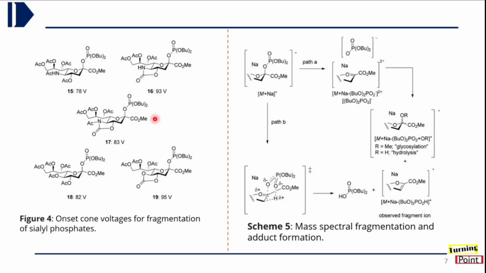And similarly, when they move from this cyclic carbonate group to an oxazolidinone protecting group, it is a little lesser, and the moment this is substituted with acetate, again it will be 83 volts. Similarly, in the case of this diacetate or NHAc protecting group, it will be lower.